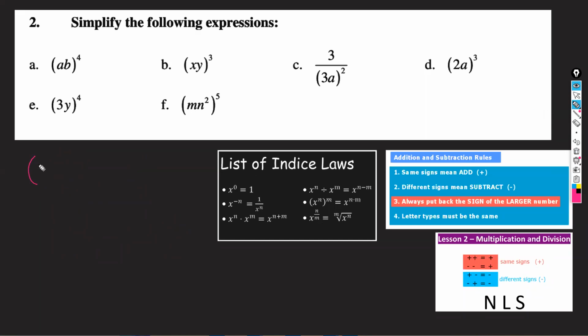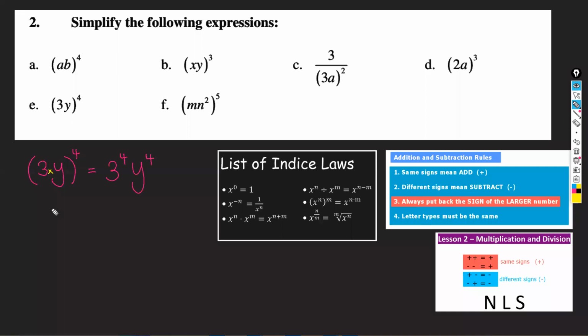Let's say we have 3y and we have the power 4. I just showed you that this power belongs to everyone in the brackets. So it's okay to say 3 to the power 4 and y to the power 4 because it's a secret multiply. What about if it was a divide?